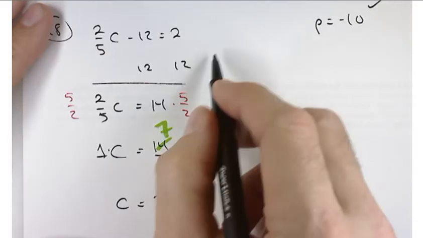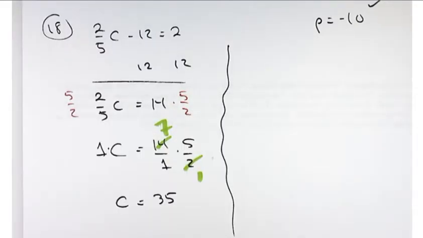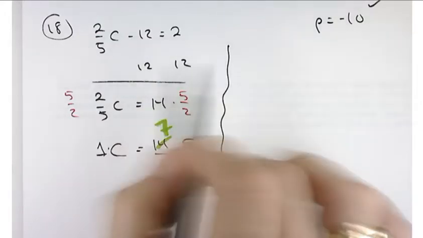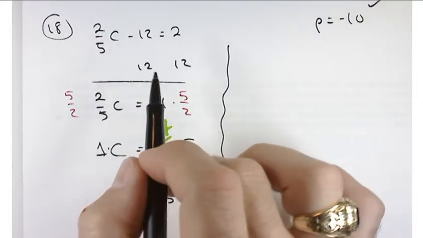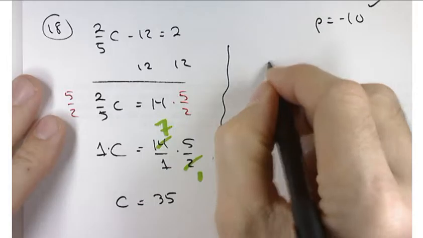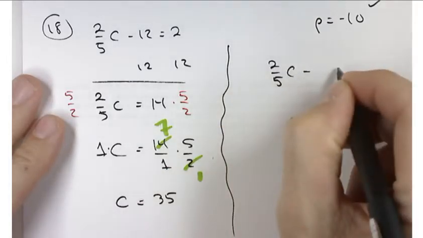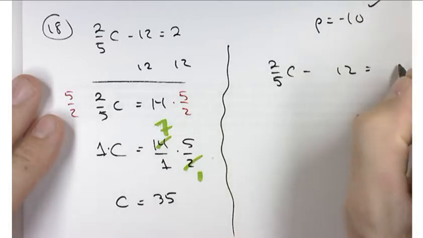Let's look at this a different way. And it's up to you what you're most comfortable with. Some people just aren't a fan of fractions at all. And a lot of times, depending on the problem, I'll recommend that you just get rid of the fractions right away. So let's look back here at 2/5 C minus 12 equals 2.